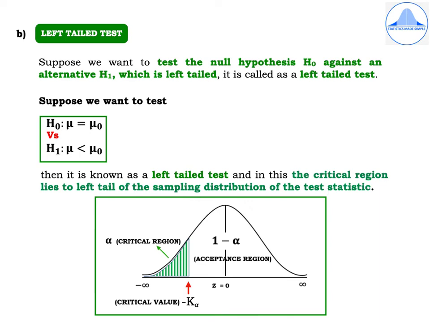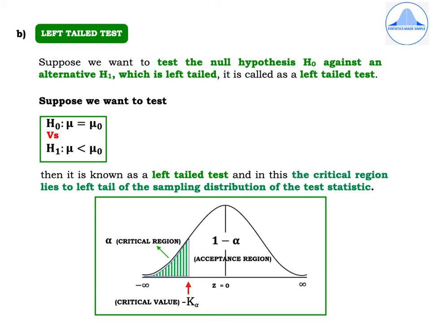Now, because it is a left-tailed test, I have shaded in green color towards the left tail of the curve. The shaded part in green denotes alpha, which is the critical region. The unshaded part on the right-hand side and a little bit of the left-hand side denotes 1 minus alpha, which is the acceptance region.